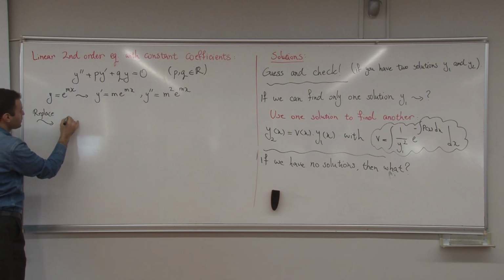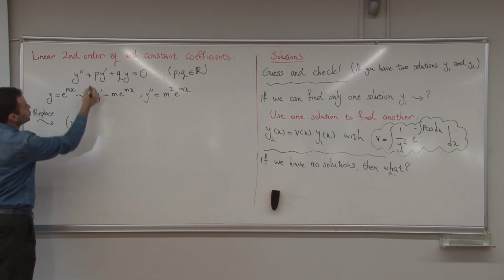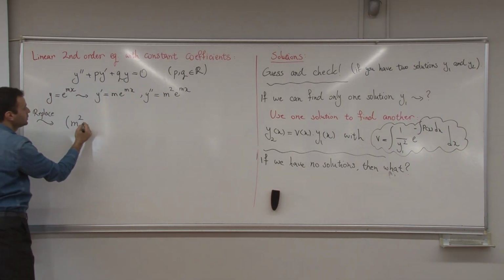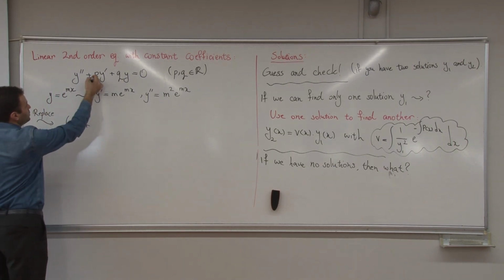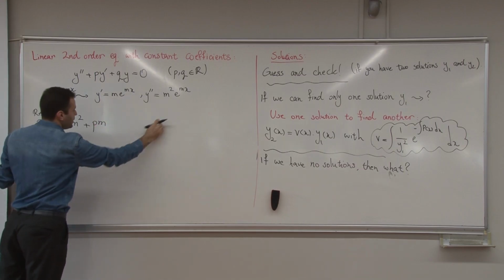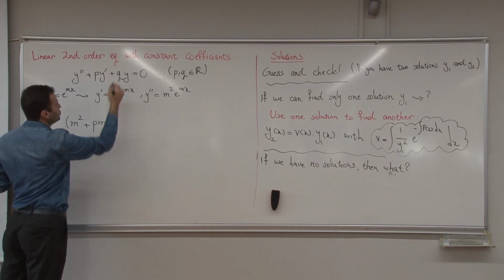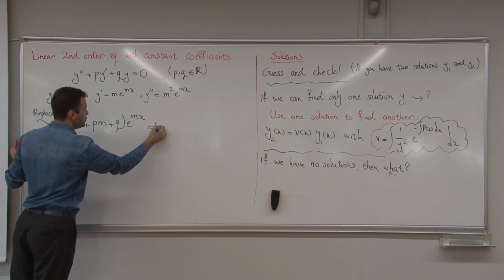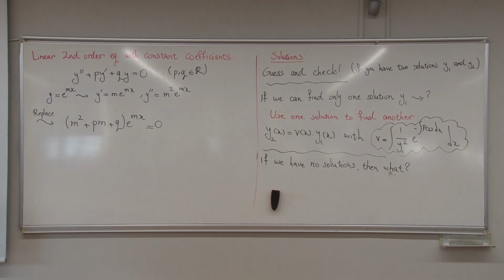We have m to the power of 2 e to the power of mx, taking e to the power of mx as a factor, plus pm e to the power of mx, plus q times e to the power of mx, which is equal to 0.